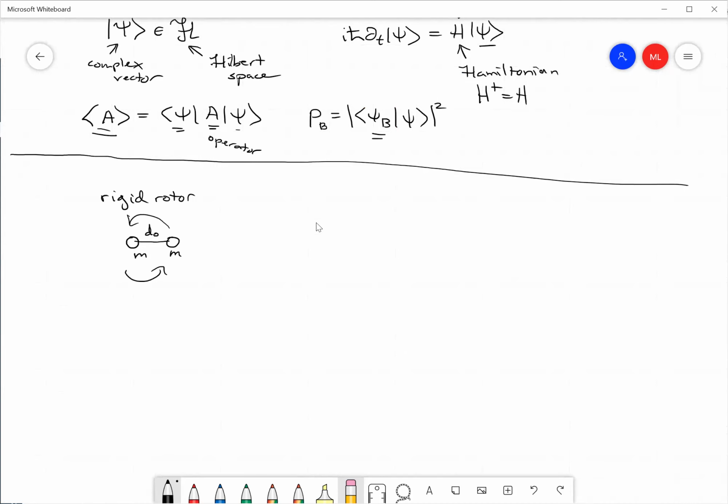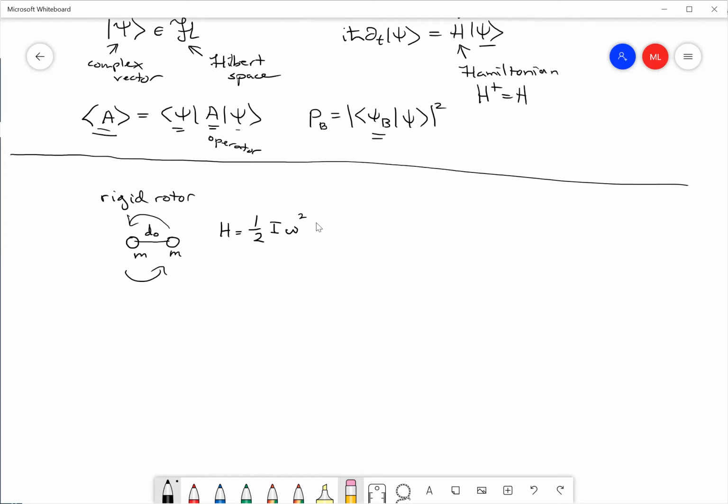That had an energy which was just a kinetic energy. There's no potential. The kinetic energy is due to the rotational motion. It's 1/2, and then the equivalent of mv squared for rotational motion, so that's the moment of inertia times the angular velocity squared. It's like 1/2 mv squared for rotations.